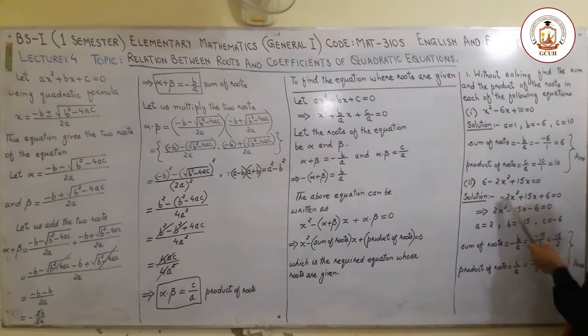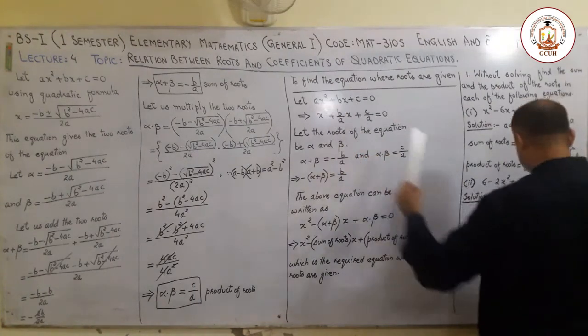Taking common minus from the left hand side, we have minus minus plus, minus plus minus, and when 0 is multiplied with minus, it will not make any change. Now this equation is converted here into general form.